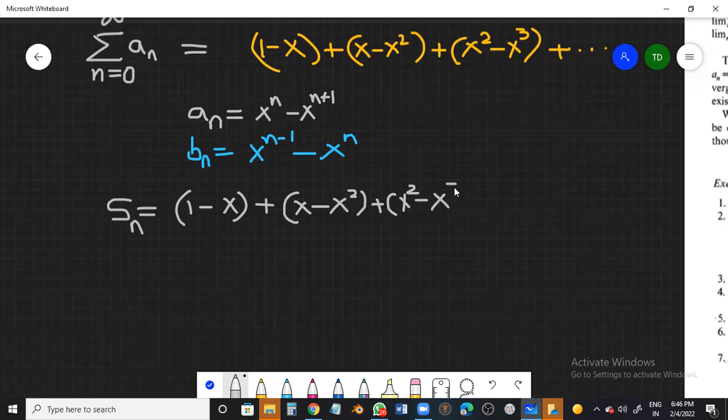What will be the last term with me? What will be the last term? Nth term? x raised to n minus x raised to n plus 1.